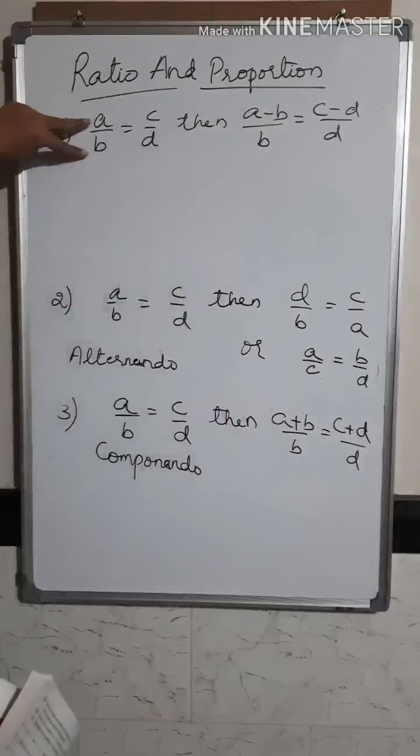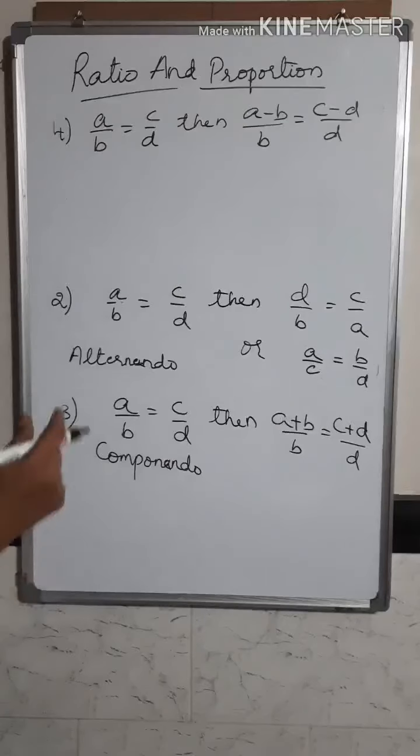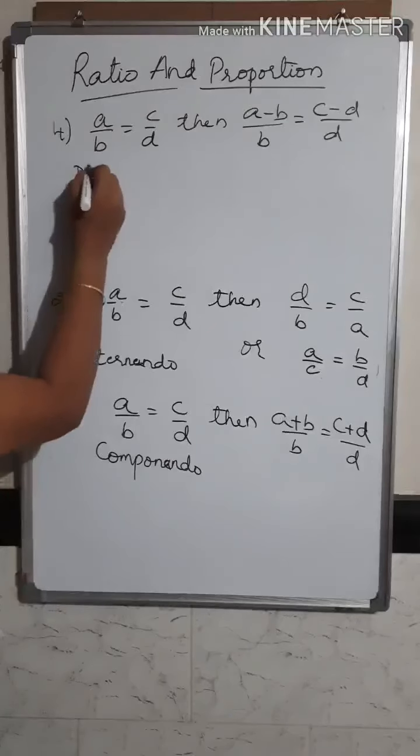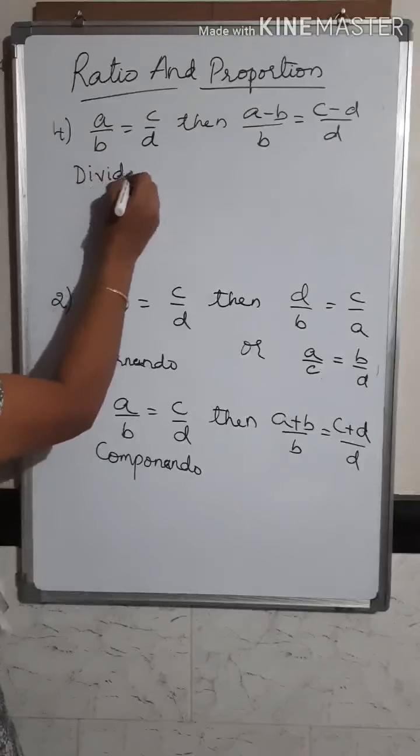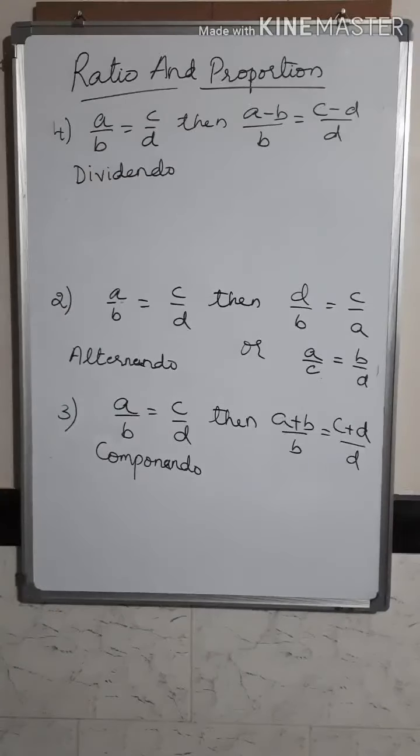A minus B upon B, C minus D upon D. So this property is called dividendo.